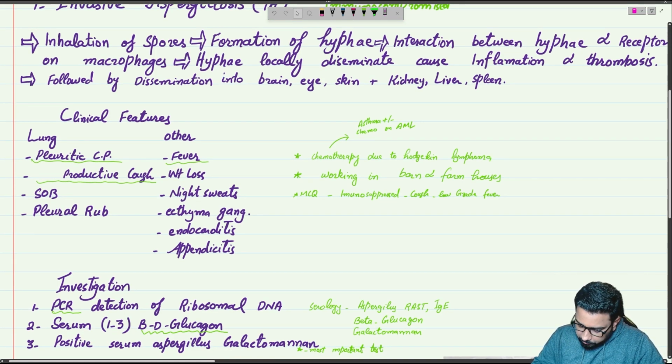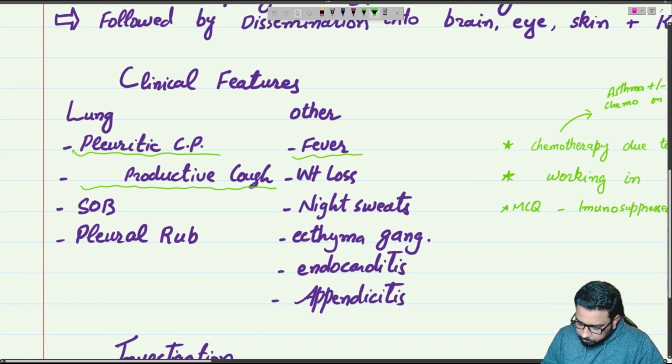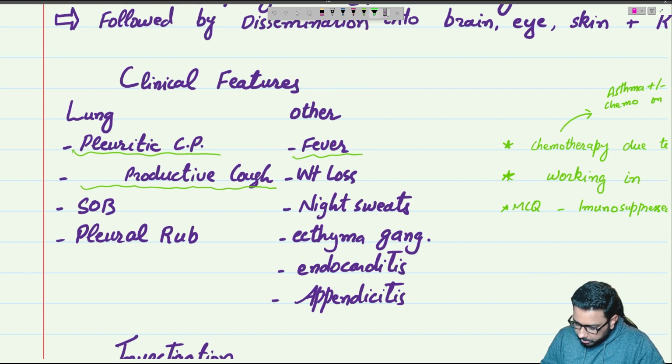The clinical features, the most common that we see usually: pleuritic chest pain, productive cough, fever, and then all the symptoms that someone can have because they are immunocompromised, maybe the history of cancer, Hodgkin lymphoma, or maybe AML, CML, CLL, weight loss, night sweat, low grade fever.